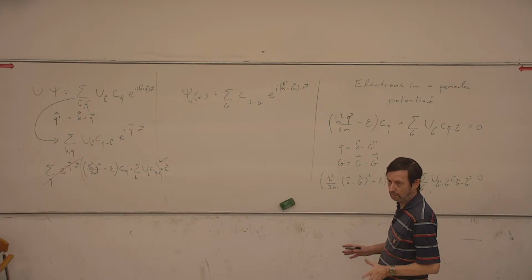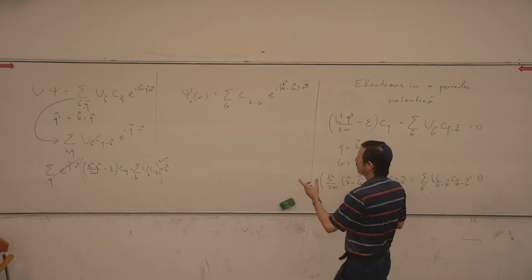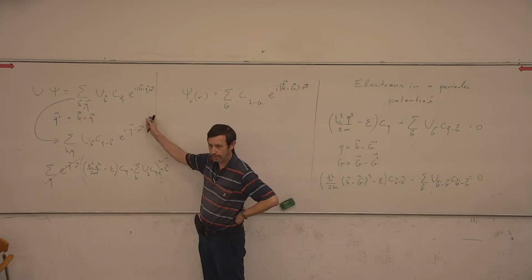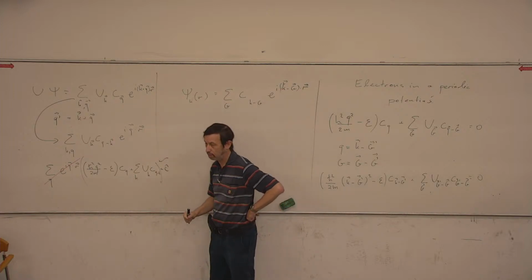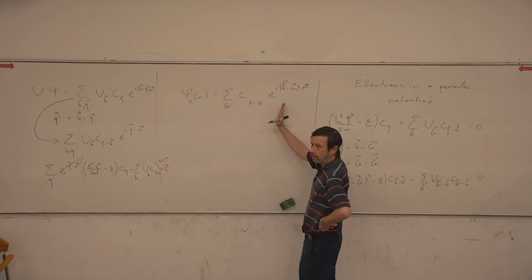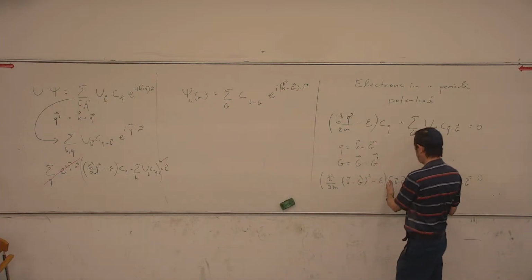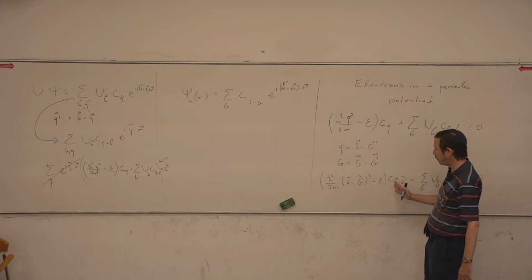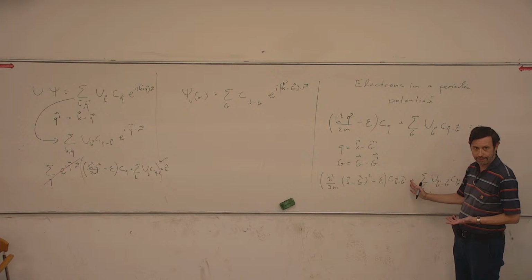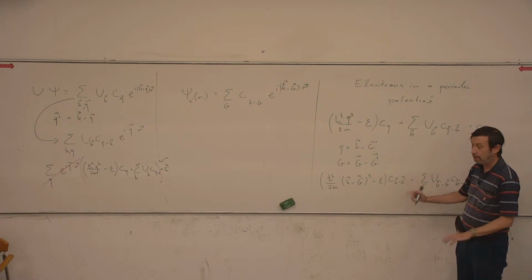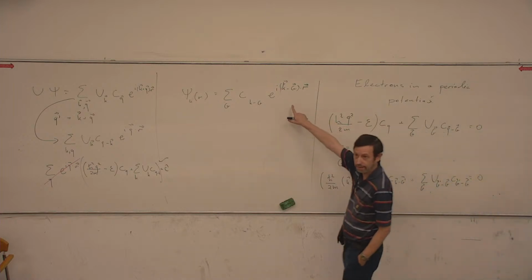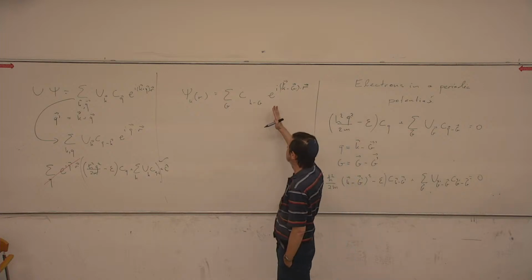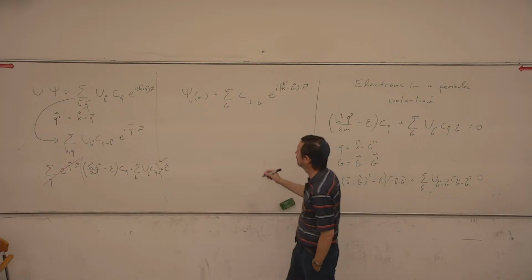What did I do? Remember the beginning. We had C_Q times e to the minus iQ. Here I basically write down an equation on C_{k minus G}, and I Fourier transform the solution. Right? So what did I gain by it?